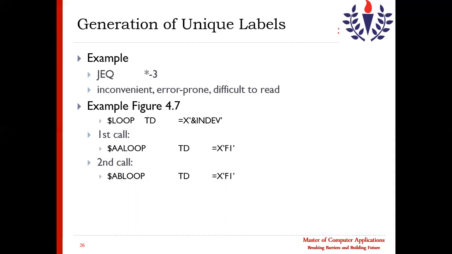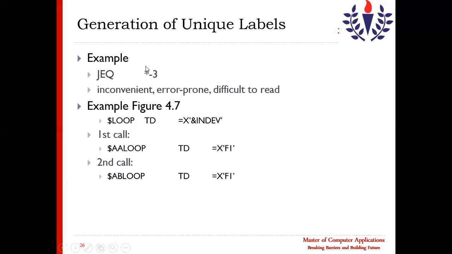If we put one, then when that macro is replaced at different macro calls, that label will keep on being copied more than one time, and the assembler will not allow the same label to be put more than once. So it is not allowed to use a label inside the macro definition.